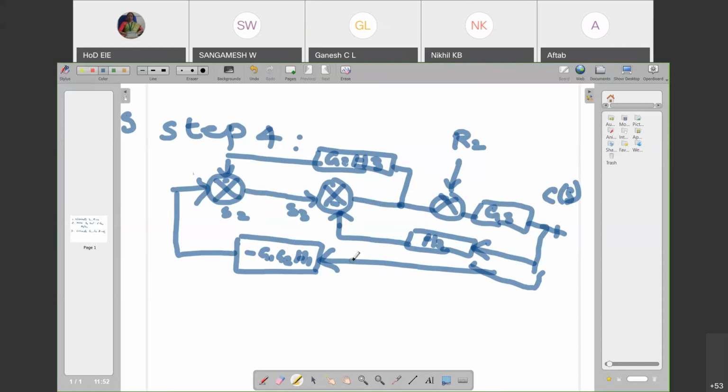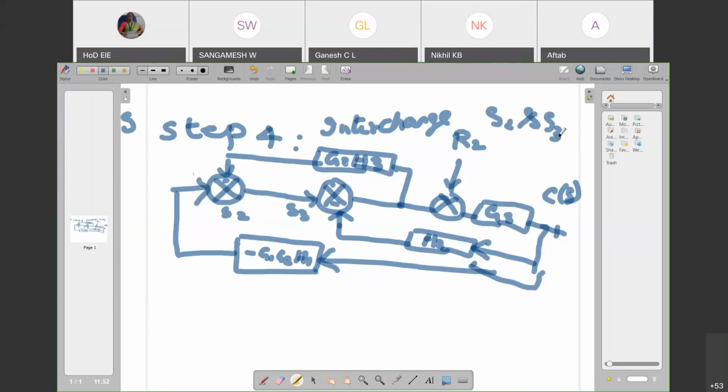Now what I'll do is, I'll do the interchanging of S2 and S3. Okay. Step 4 is to interchange the summing elements S2 and S3.